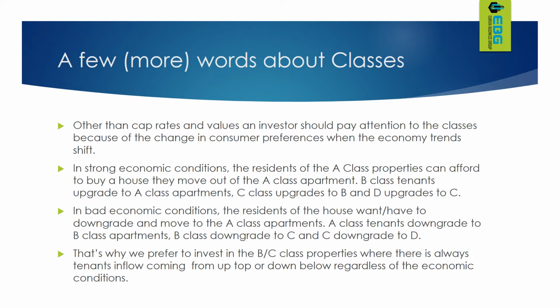So that's what we prefer to invest and to focus on, B and C-class apartment buildings, because no matter what the economy is doing, there's always a demand, there's always a trend of tenants coming from above or coming from down below, going upwards or downwards. So that's why we prefer to focus on B and C-class assets.